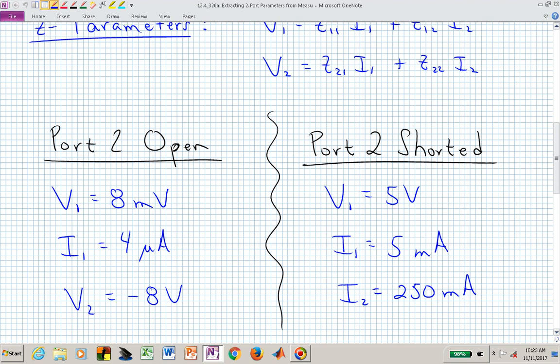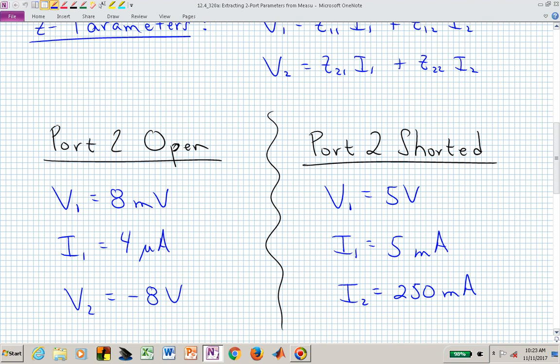Then for the second set of data, let's now short port 2. We just wire those 2 terminals at the output port together. So it's now shorted, and V sub 2 is obviously 0, but we can measure V sub 1 to be 5 volts, I sub 1 is 5 milliamps, and I sub 2 is 250 milliamps.